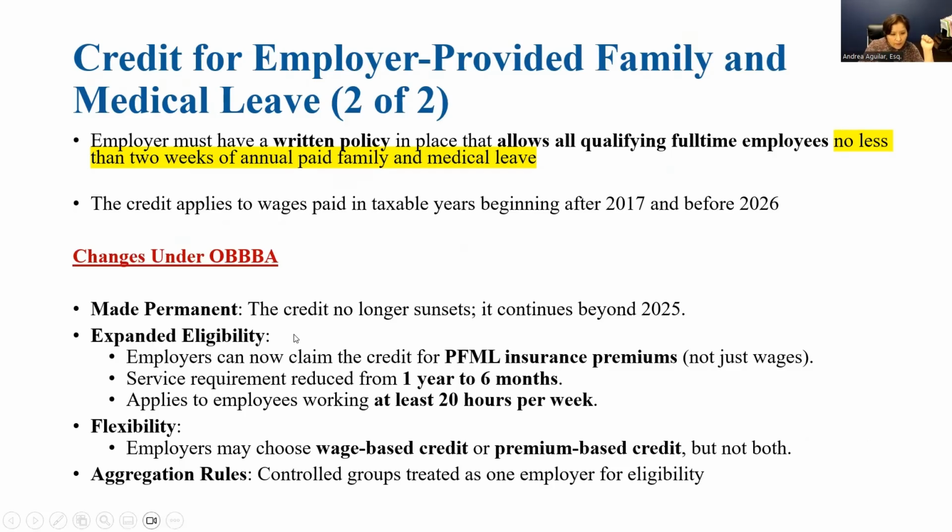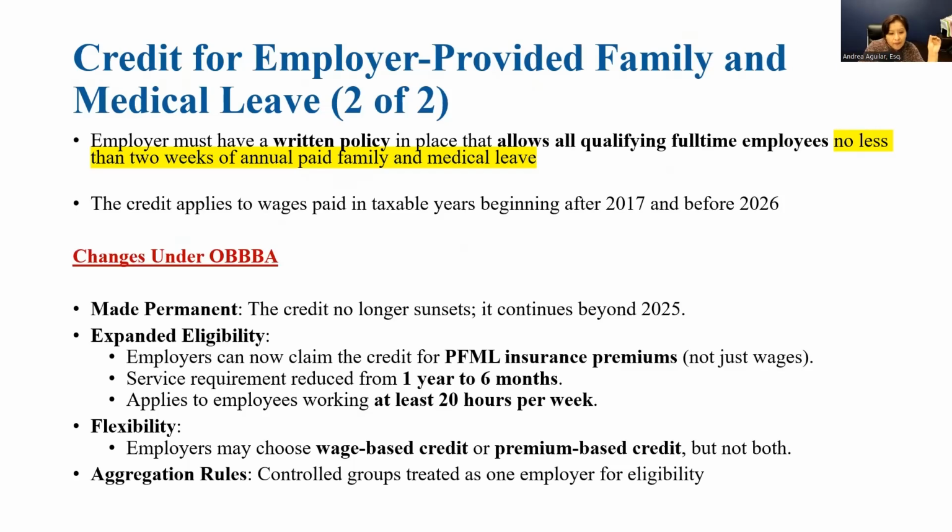Changes under OBBBA. This provision was scheduled to terminate before 2026, but thanks to OBBBA, now this credit is permanent. Also, the benefit has been expanded. Before, if you were an employee, you were required to work a minimum of 1 year.